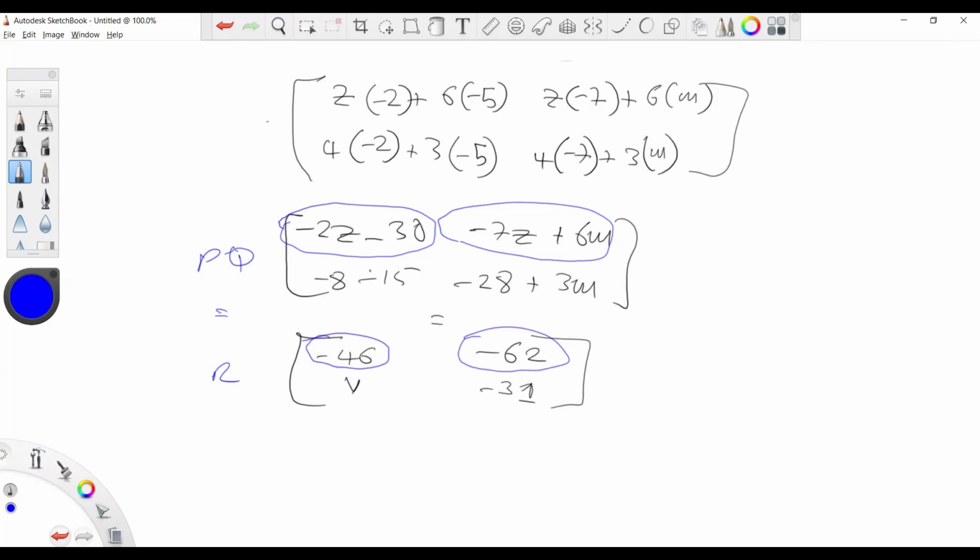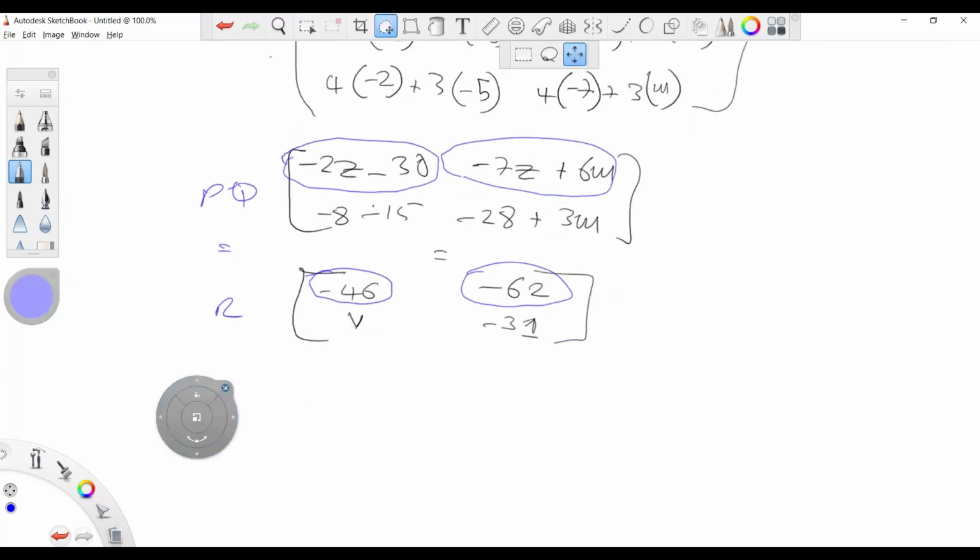Okay, so now getting a little bit more space again, let's take them one after the other. Say -2z - 30 is equal to -46.